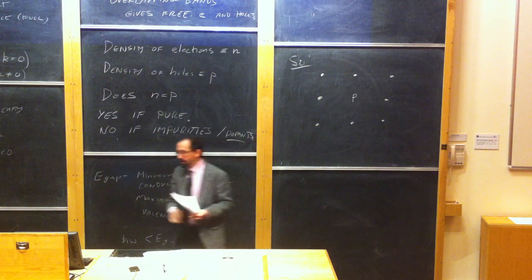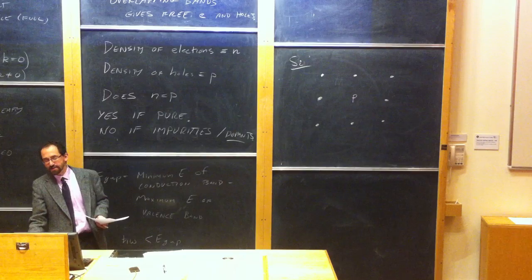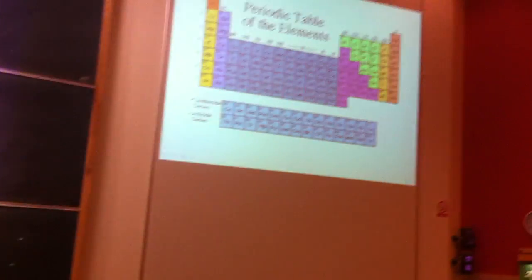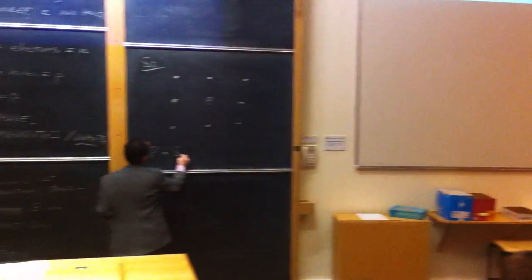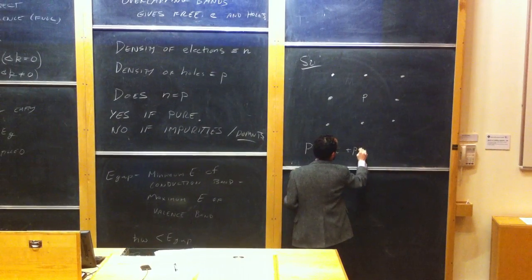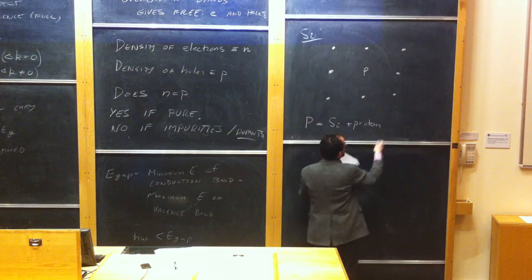Now we go to our handy periodic table, and we notice that phosphorus is one step to the right of silicon. So that means phosphorus equals silicon plus a proton plus some neutrons, which I'm not going to care about, plus an electron.